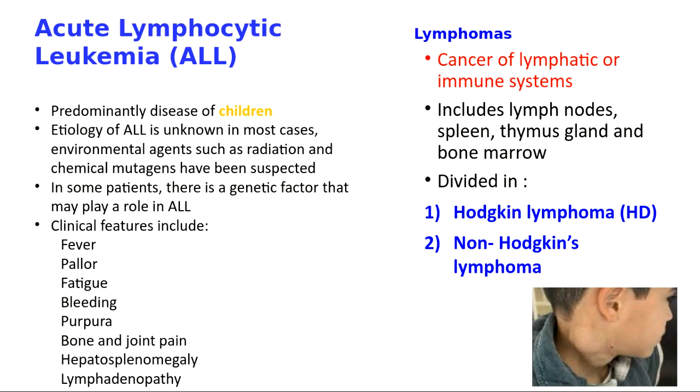Slide number 12 gives us just a little bit of information about one of the most common childhood leukemias that you might hear about. It is very common. And the good thing about this is that if caught early enough, acute lymphocytic leukemia, ALL, that is mainly childhood leukemia, is very treatable.